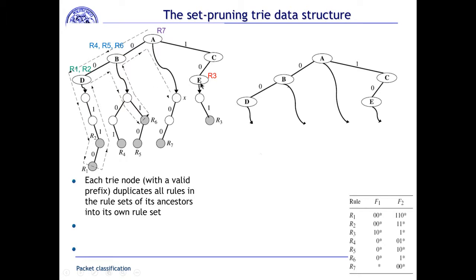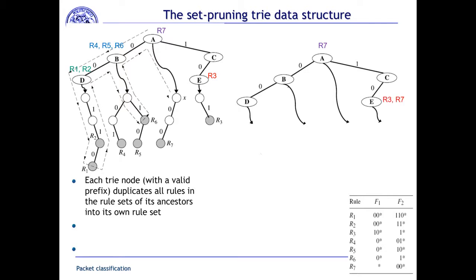Let's go to the right side, where we can see the set pruning tree. We start from A, which is the root node, and E is on the other side and has A as its only ancestor.